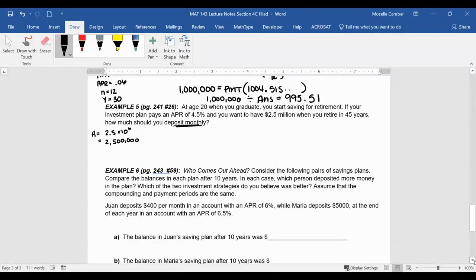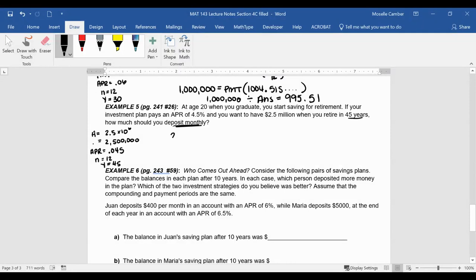Both ways will work in your calculator. So we have an APR of 0.045. We're making monthly deposits, so my n is 12, and we are depositing for 45 years, sorry. And we want to know the monthly payment, so we want to know our payment.